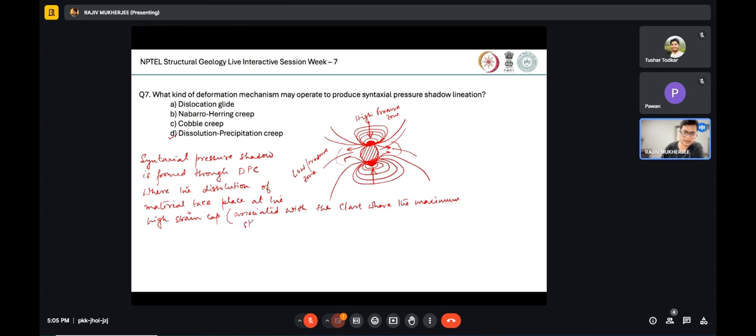Maximum stress concentration occurs. And this is how the pressure shadow lineation is formed.